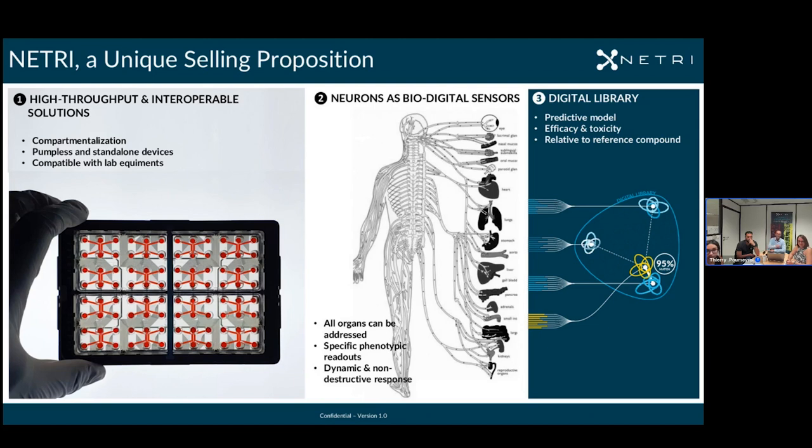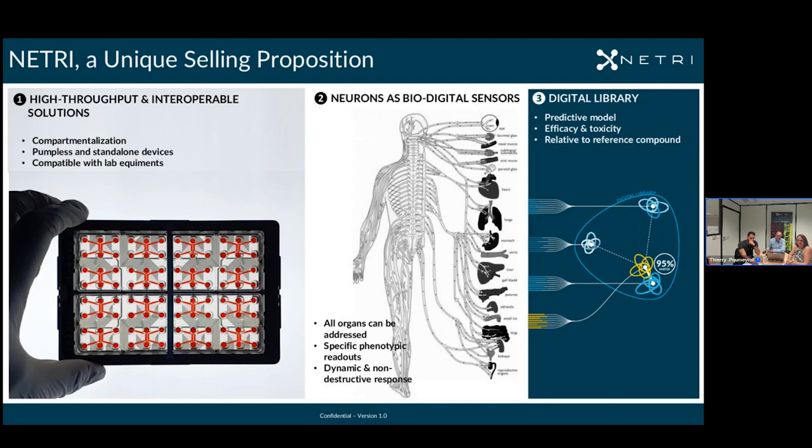Just to refresh a bit the technology that we're going to talk about and the platform that we developed on this technology. Netri has developed and designed over the last 6 years a technology for high throughput and also interoperable solutions.